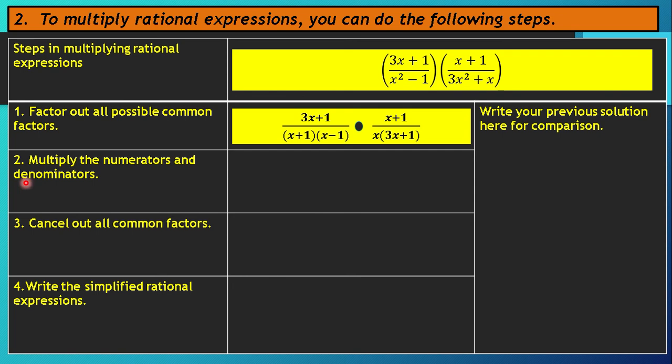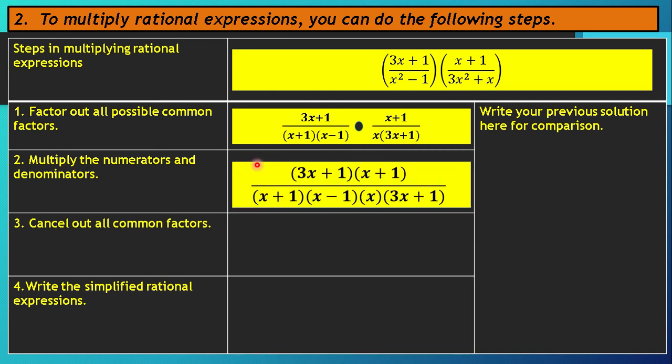Ang susunod na gagawin is to multiply the numerators and denominators. So parang ganun din, kapag nag-multiply tayo ng fractions, we multiply numerator to numerator and denominator to denominator. Okay? So 3x plus 1 times x plus 1.